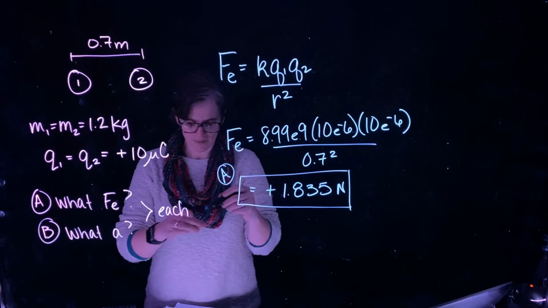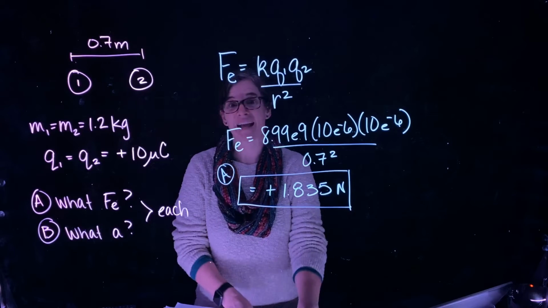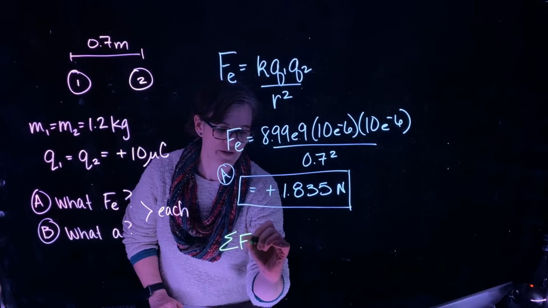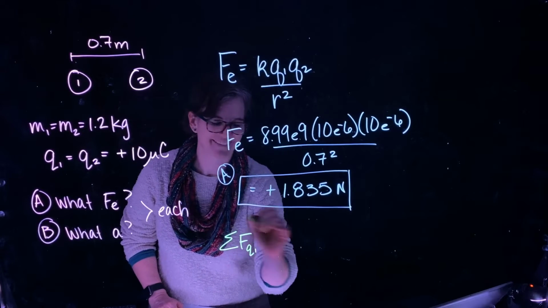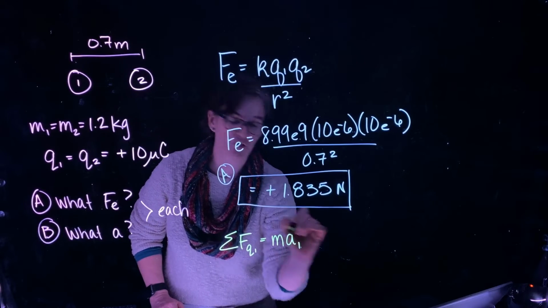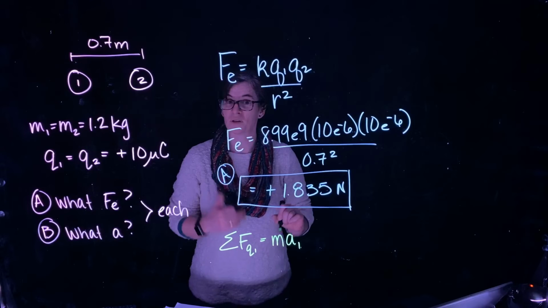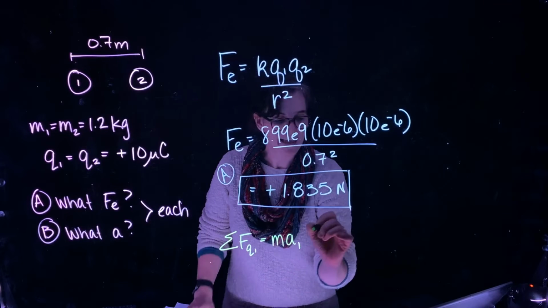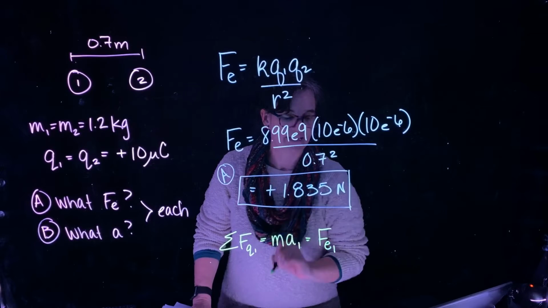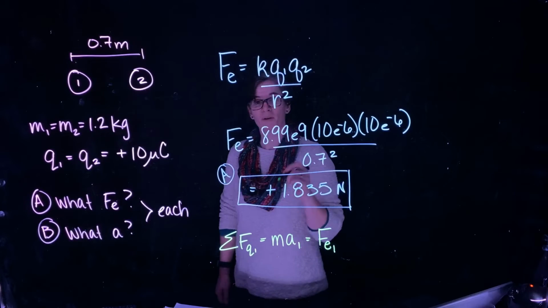So the sum of the forces, the net force acting on them, is just the electrical force. So the net force, let's go with particle 1, is equal to the mass times the acceleration of particle 1. We know that's our Newton's second law. And the only force acting on it is the electric force on particle 1.